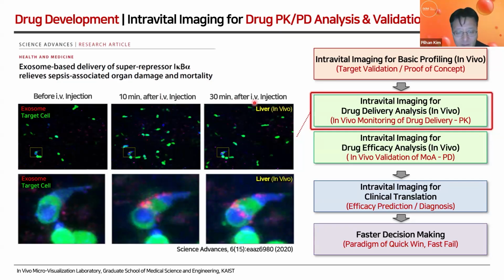At 30 minutes after the IV injection, we can now clearly see the internalization of this exosome into the cell. So this is another good example of how we can use intravital microscopy for monitoring the drug delivery to the target cell in the target organ.